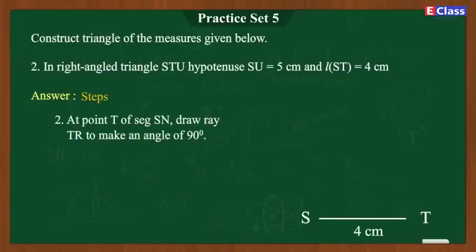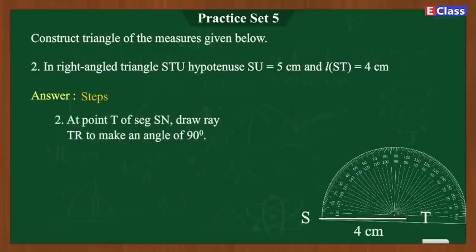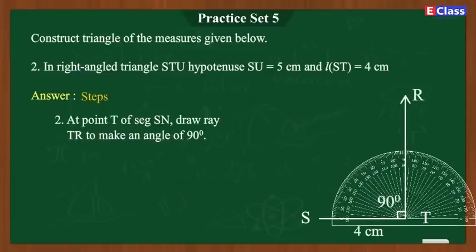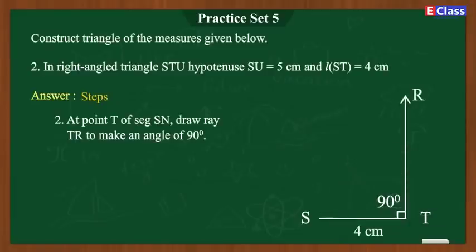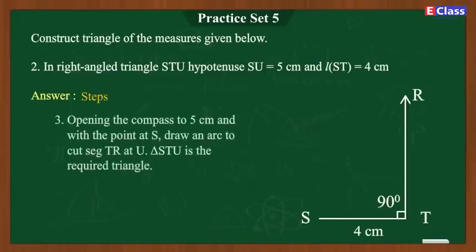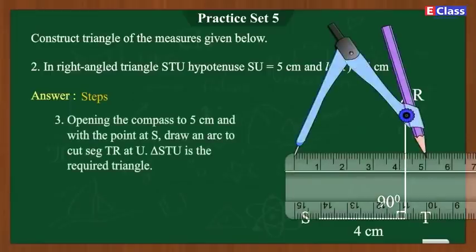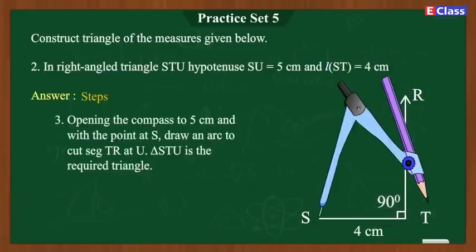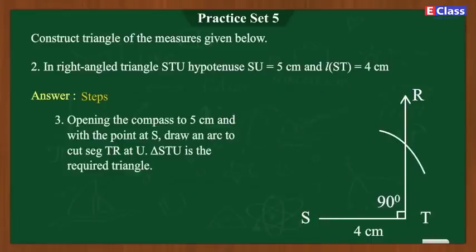At point T of segment ST, draw ray TR to make an angle of 90 degrees. 3. Opening the compass to 5 centimeters and with the point at S, draw an arc to cut segment TR at U.